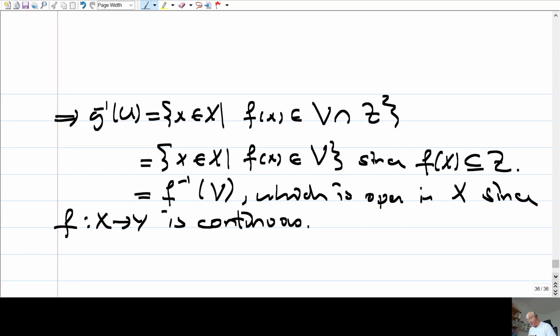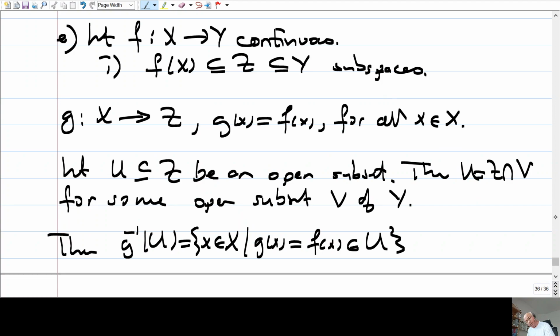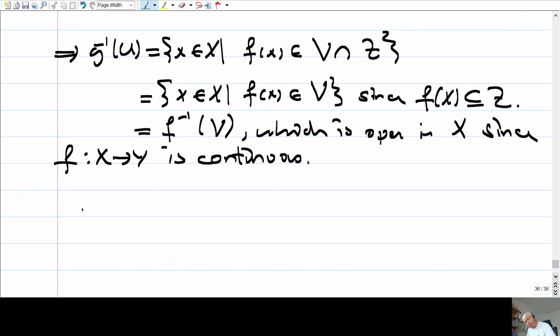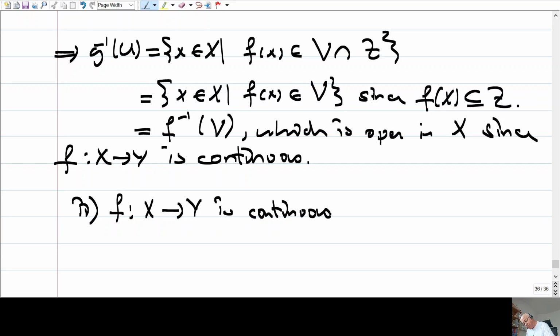And then there is this second part. Okay, second part. Let me also consider that one. This time we have this: f from x to y is continuous, and I have a space containing y as a subspace.